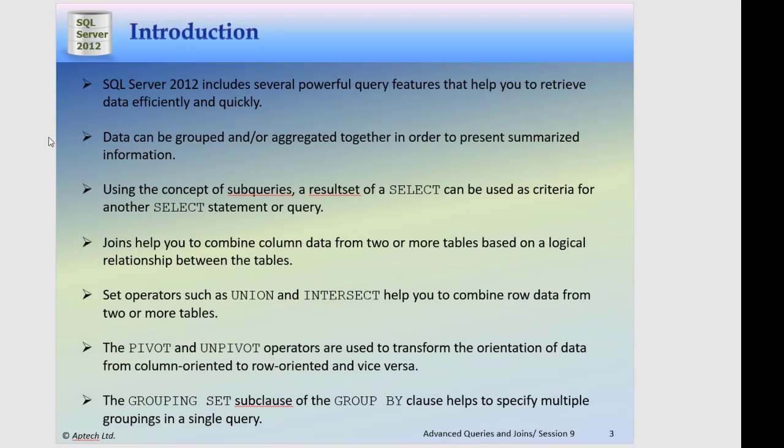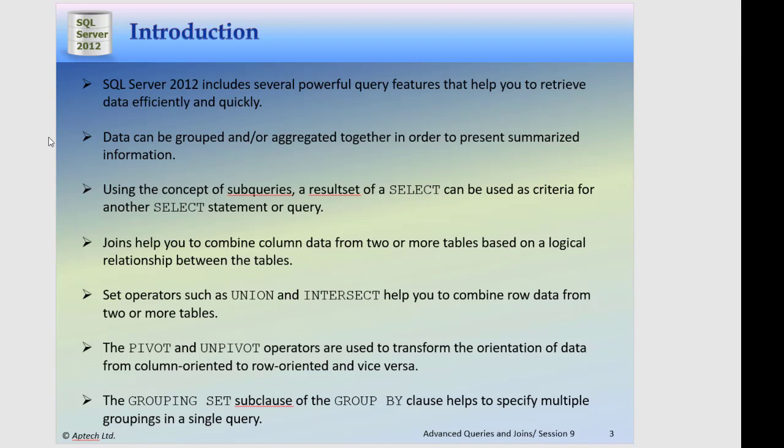Now, SQL Server includes several powerful query features which help you to retrieve data efficiently and quickly, and data can be grouped and/or aggregated together in order to present summarized information. Using the concept of subqueries, a result set of a select statement can be used as a criteria for another select statement or query.